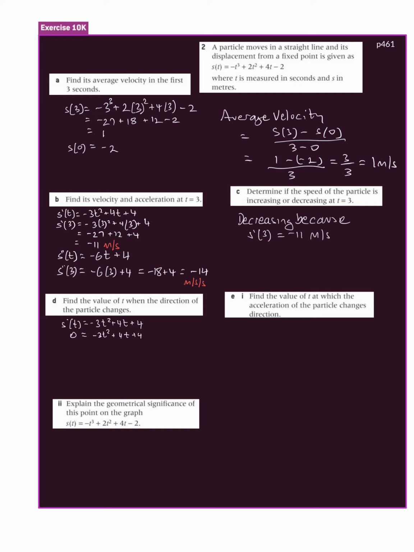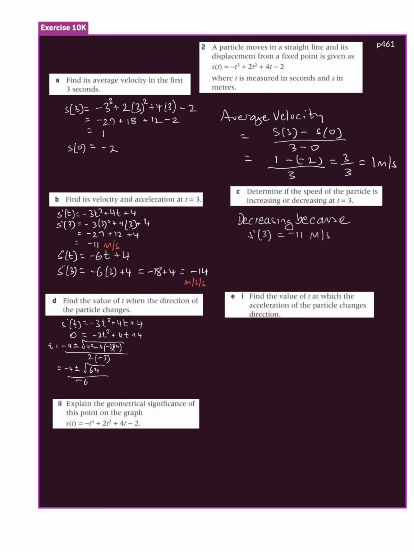It looks like we can't factorize that, so let's just go straight to the quadratic formula. So we've got t equals minus b plus or minus the square root of b squared minus 4 times a times c, all over 2 times a. That becomes minus 4 plus or minus, trust me here, 64 over minus 6.